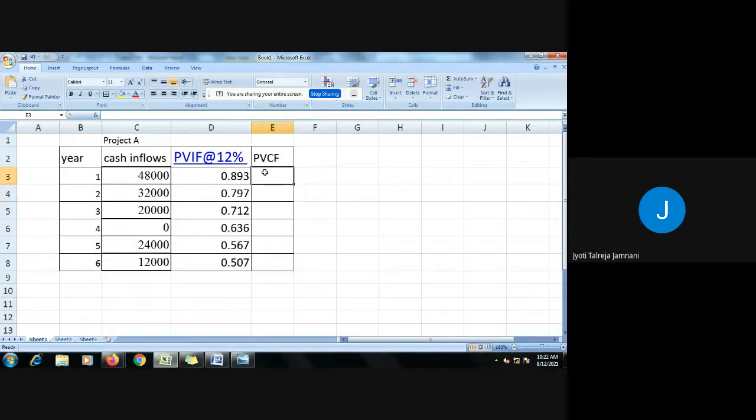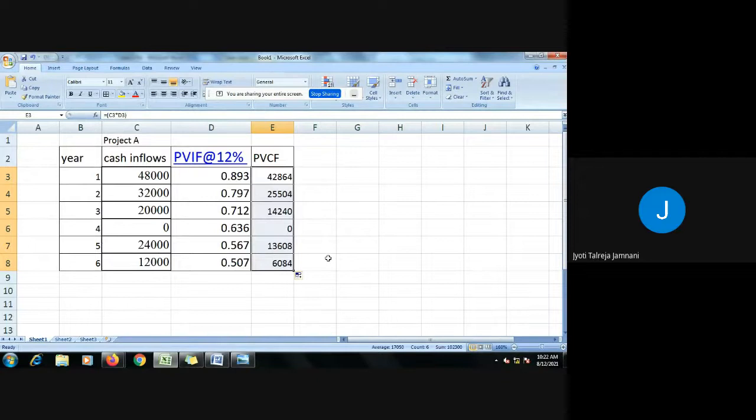We have to multiply the cash inflows with the present value interest factor of all the 6 years and then find it. So 48,000 into 0.893, if I do, I'll get 42,864. So similarly, if I do it for all the years, these are the values that you will get.